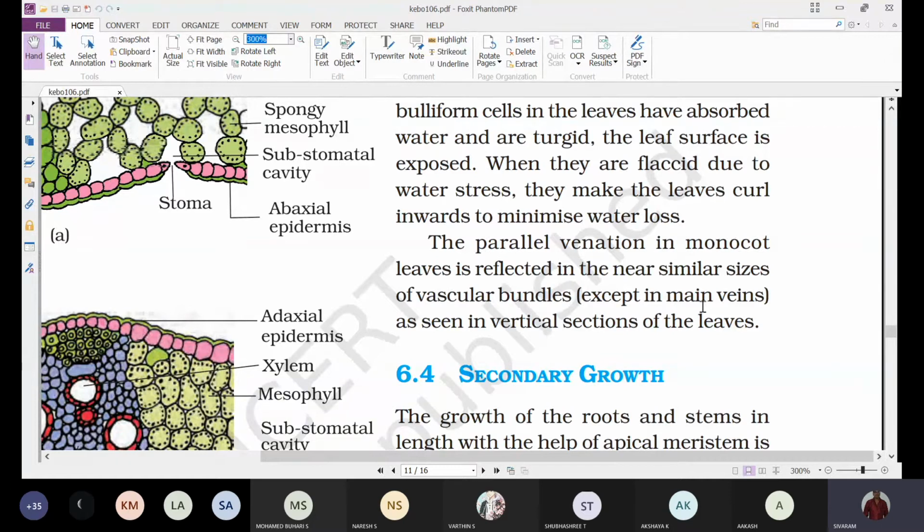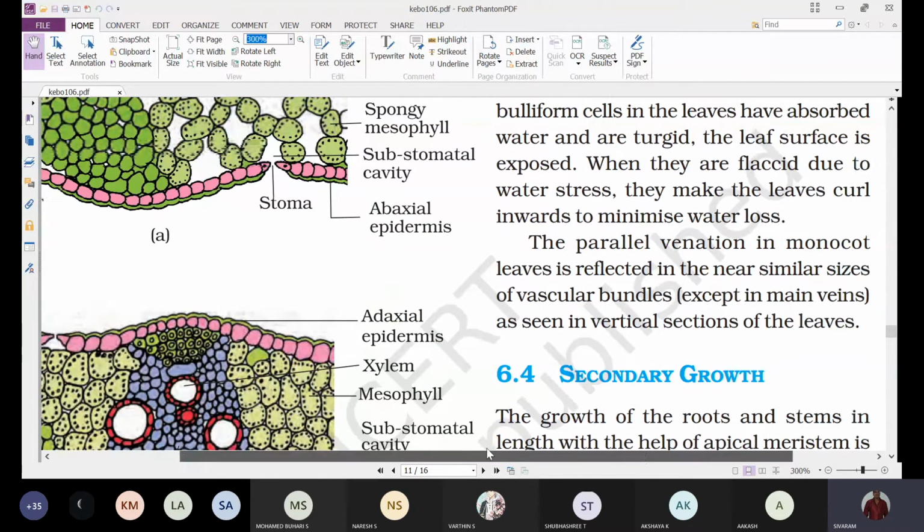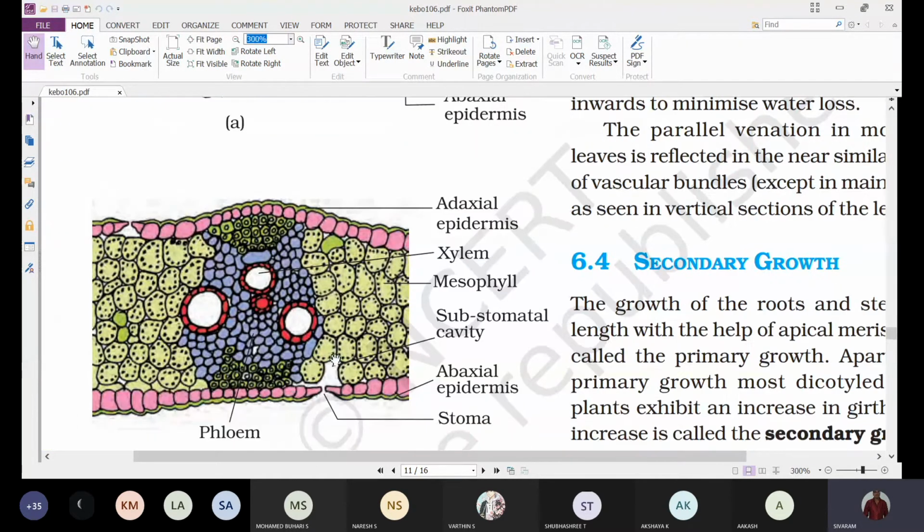When you observe the vertical section of the leaf, we can observe very clearly this arrangement of vascular bundles which are of the same size. This is the upper epidermis which is showing stomata, and this is the lower epidermis which is also showing stomata.